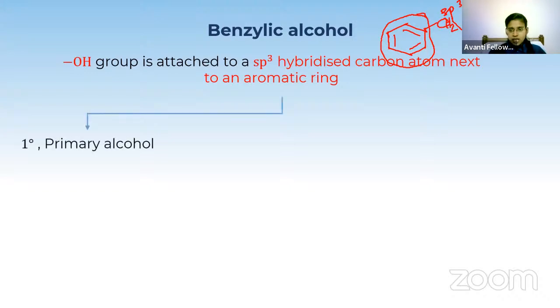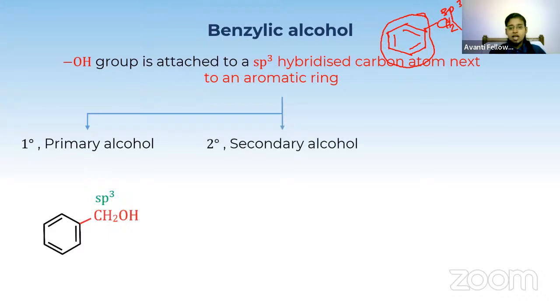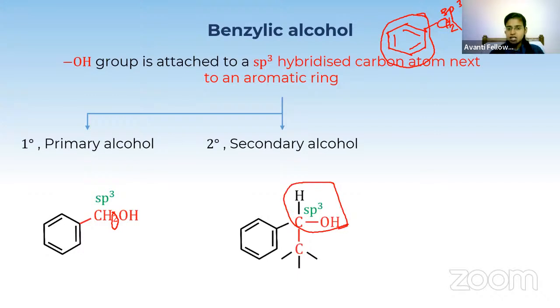To get the primary alcohol, primary benzylic alcohol, I will have CH2OH. And to get the secondary alcohol, what I will have? I will have to replace one of the hydrogens by alkyl. So I will have only CHOH, which is secondary. And this is the alkyl group.